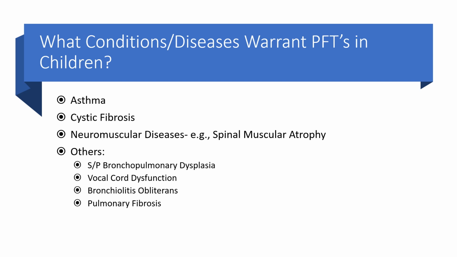Other diseases or conditions: status post bronchopulmonary dysplasia, vocal cord dysfunction, bronchiolitis obliterans, pulmonary fibrosis. Folks, pulmonary fibrosis is not common in this age group, but it can occur. So it's not a common indication, but it's something to be aware of and keep on the radar screen.